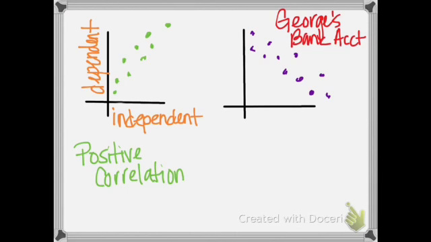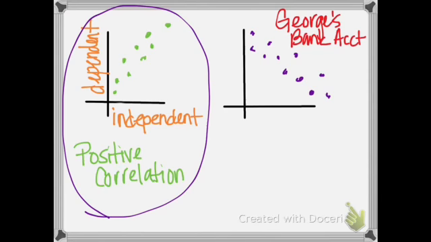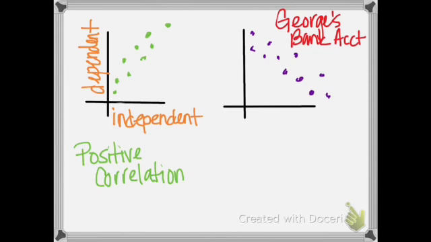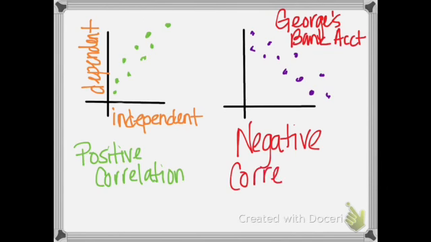So if this was a positive correlation over here, what do you think George's correlation is going to be? Negative. Yep, it's going to be negative. So George has a negative correlation. That's pretty straightforward, right? Okay, so positive correlation, negative correlation. Positive's going up, negative's going down.